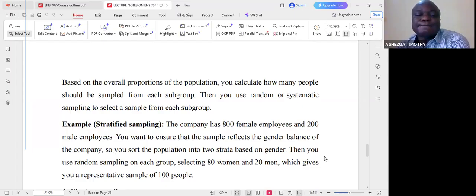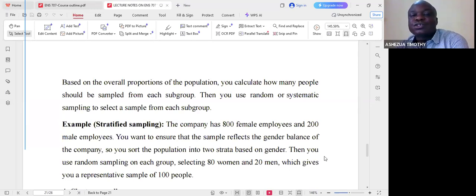Next, as an example of stratified sampling, if the company has 800 female employees and 200 male employees, you want to ensure that the sample reflects the gender balance of the company.